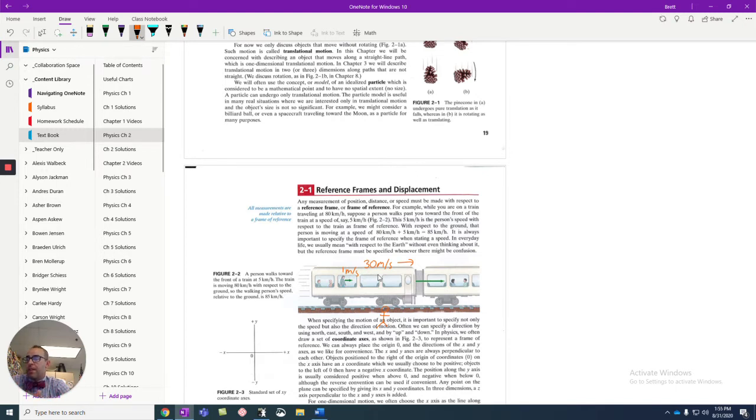However, if I'm on the train and I'm referencing that person, I would say that person's only traveling 1 meter per second. So we have to come to an agreement on every problem. What do we consider zero or motionless? And then we measure everything relative to that frame of reference.